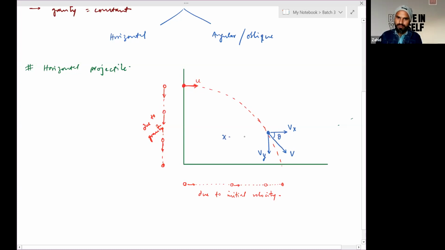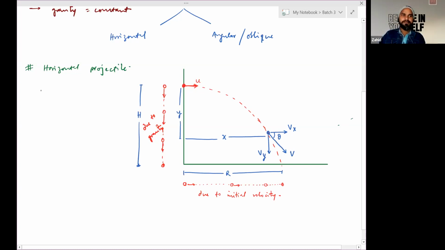The coordinates of this body are x along x-axis and y along y-axis. The height from which the body is projected is h, and the total horizontal distance traveled to hit the ground is r, which is also termed as range.